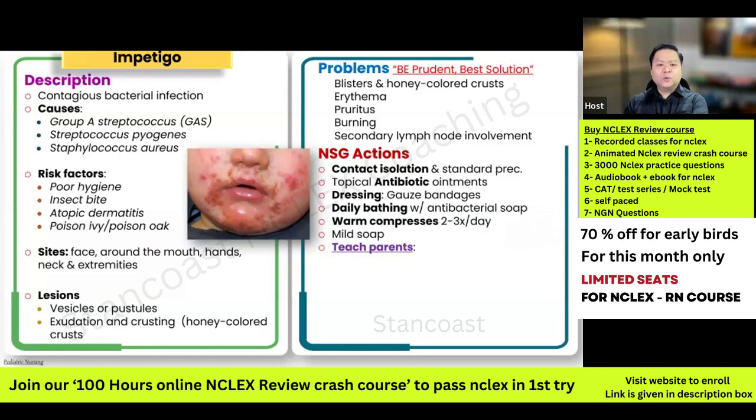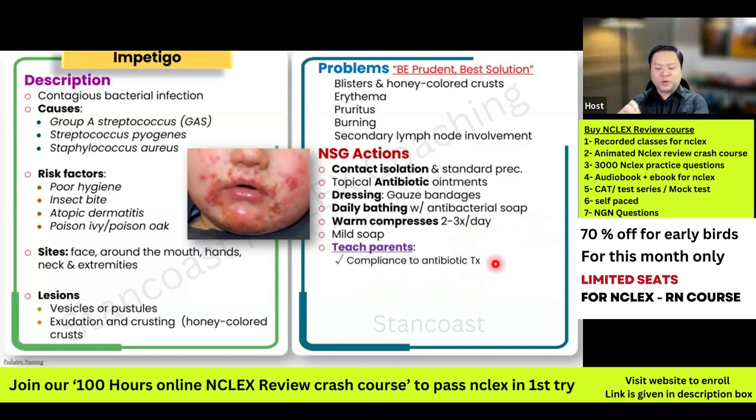Now, it's very important for us to educate the patient's parent, especially with antibiotic therapy. We need to emphasize the importance of compliance to the antibiotic therapy, making sure that even at home, when the patient is sent home with the antibiotic, they complete the entire regimen in order to prevent resistance to the infection.